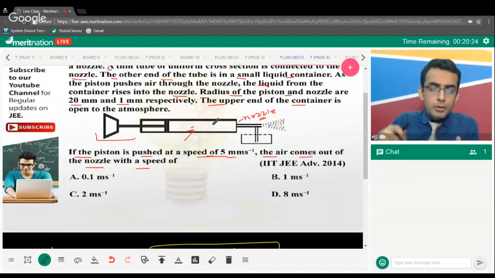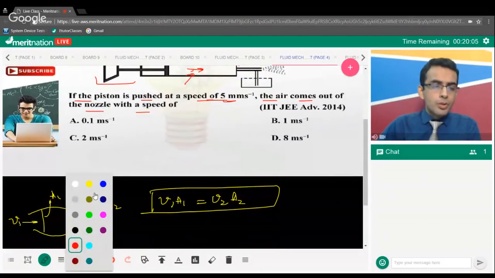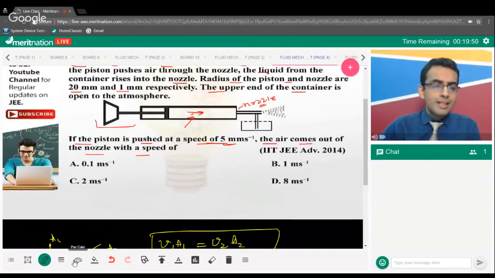So if you push the piston with the speed of 5 millimeter per second, the air will also move with the same speed, 5 millimeter per second. With how much speed will it come out of the nozzle? Simply apply this principle, V1 A1 is equal to V2 A2. What is the area of cross section here?